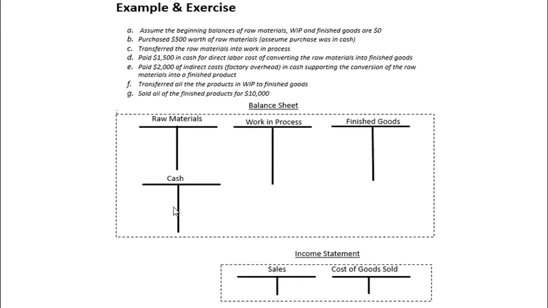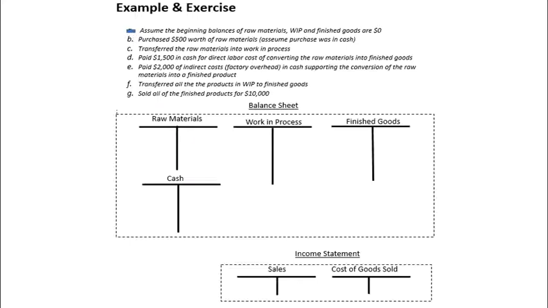We have cash, and cash here for our purposes is just used as a balancing account. But more importantly, we have raw materials, work in process, and finished goods. Also, we have income statement accounts, which include sales and cost of goods sold. So again, let's assume that the beginning balances of raw materials, work in process, and finished goods are all 0. So we know we're accomplishing that, so I'm just going to cross that one off.